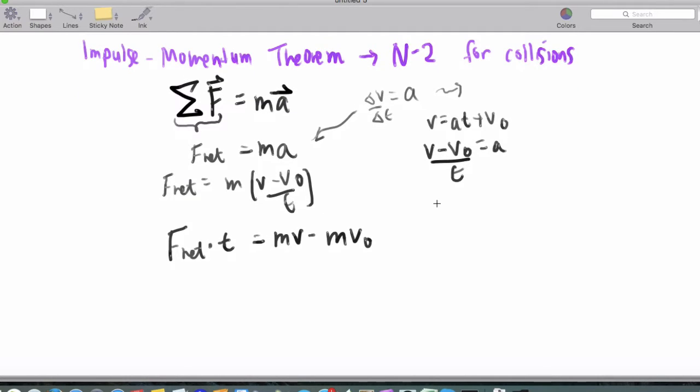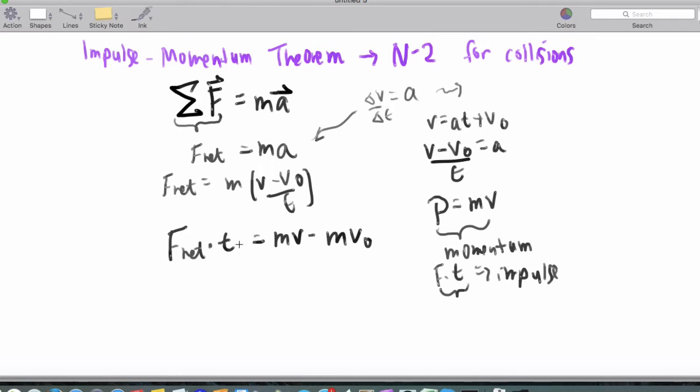So we have some definitions. P we're going to define as being m times v, and we call this the momentum. F times t is called the impulse. And this is one way of writing the formula, that impulse is the change in momentum.